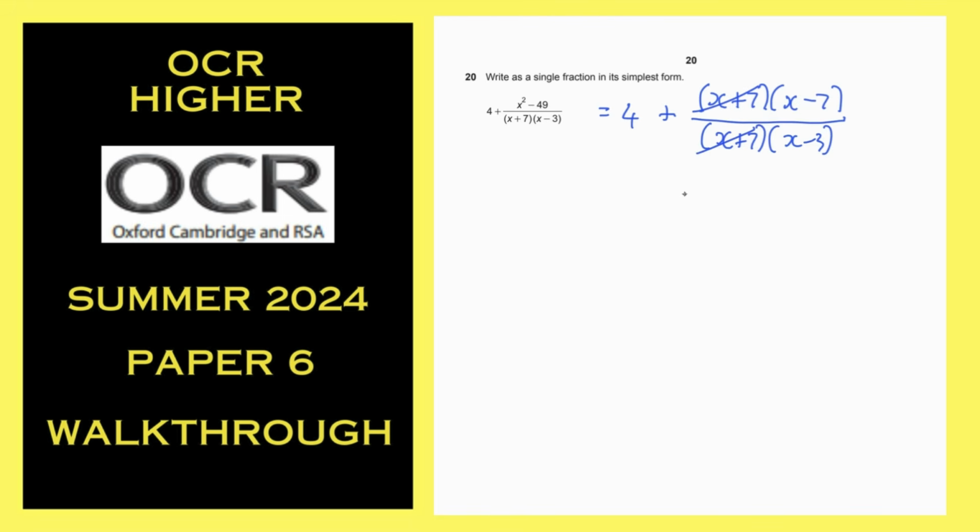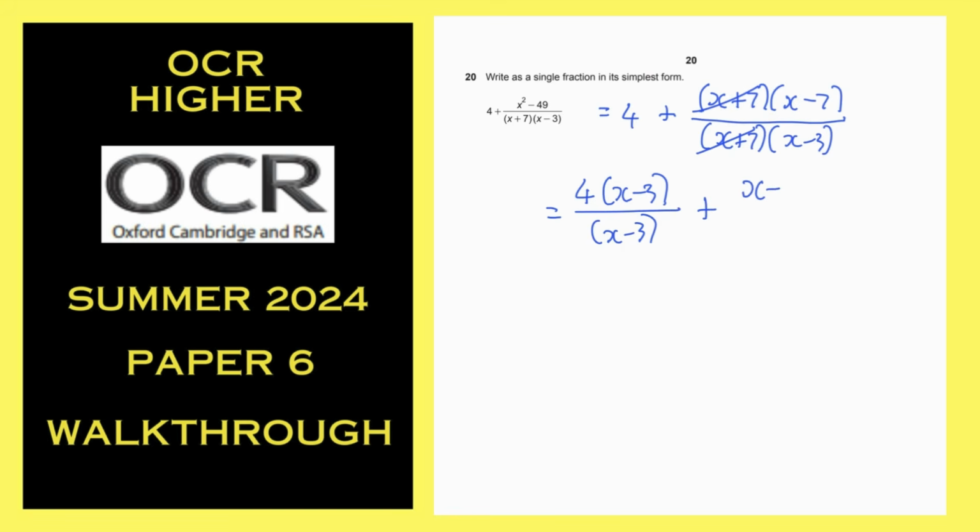So, to combine these as a single fraction, it would be nice if the 4 was over an x minus 3. Well, it is now. We simply have written x minus 3 over x minus 3, which is a stupid way of writing the number 1.